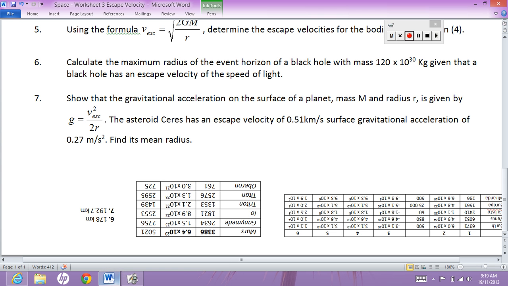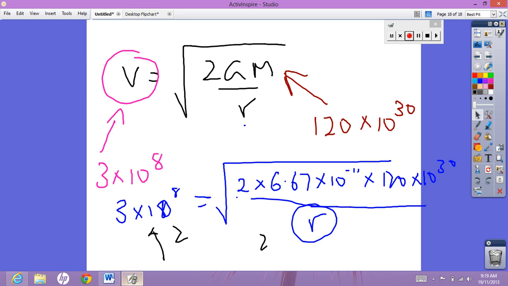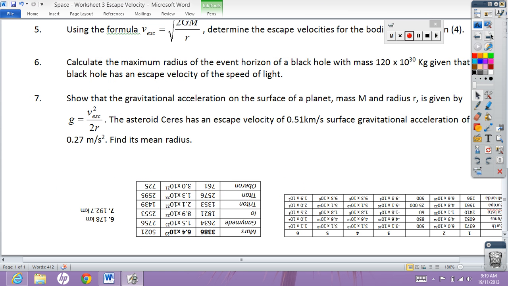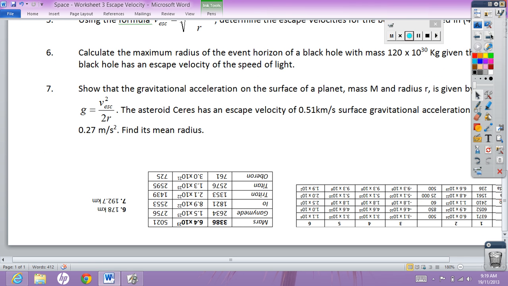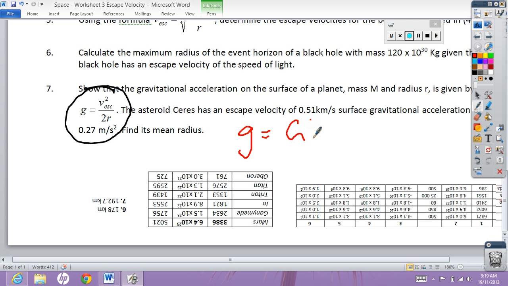Finally is question 7, where we have to show the gravitational acceleration on the surface of a planet with mass M and radius R is given by that. Then apply that knowledge. So we realise that we're asked here to find g, and we have a formula already for g: g equals capital G, capital M on R squared.